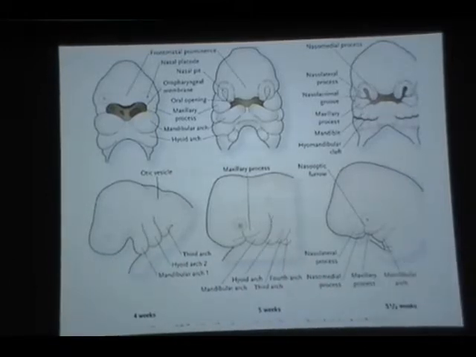The primitive oral cavity is separated from the gut tube by this oropharyngeal membrane. This membrane will begin to break down in about 4 weeks and open up that gut tube, or the proximal end of the gut tube, to the amniotic cavity. So once this breaks down, amniotic fluid can move into the stomodeum.